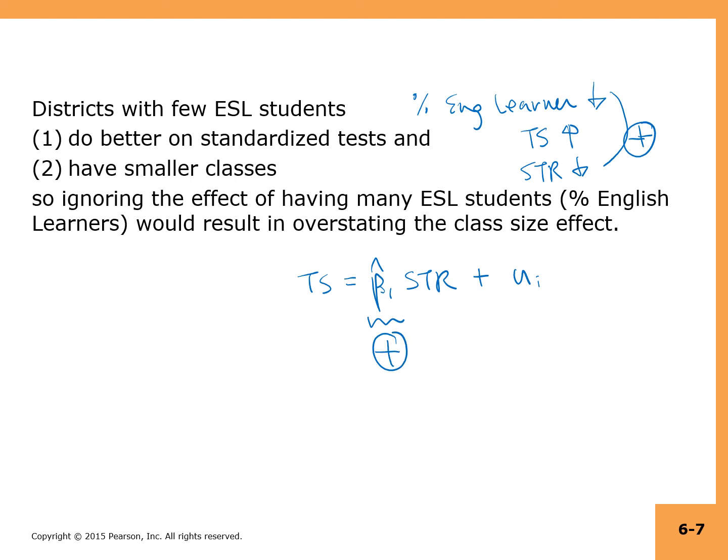That's because when you omit one of the variables, the percentage of English learners in this case, the student-teacher ratio actually overestimates its true effect because it's not accounting for the effect of the percentage of English learners. And also because we said in the previous slide that if the correlation between x and u is positive, then the true beta is overestimated when you're estimating beta hat 1.